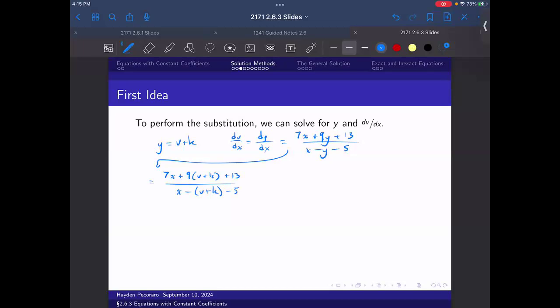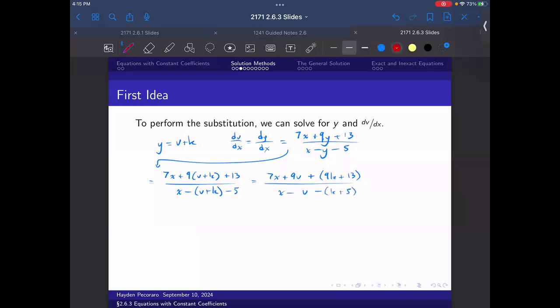So we can multiply everything out and collect everything that doesn't have x or v in it. 7x plus 9v plus 9k plus 13. And then in the bottom, we've got x minus v minus k plus 5.